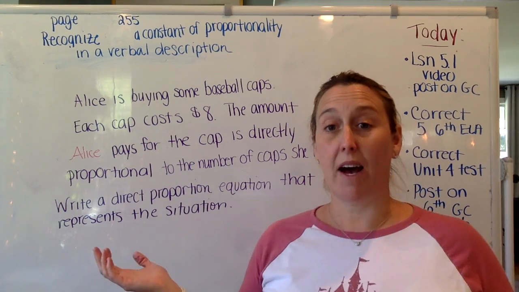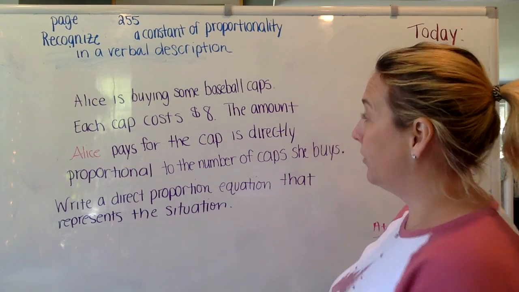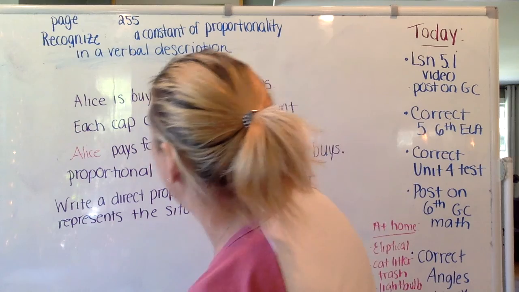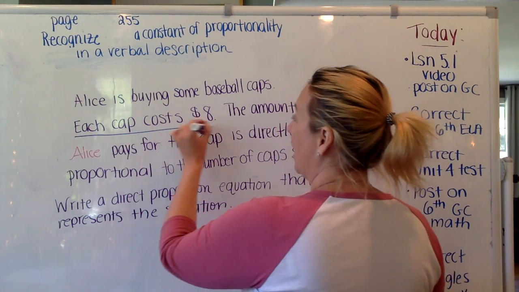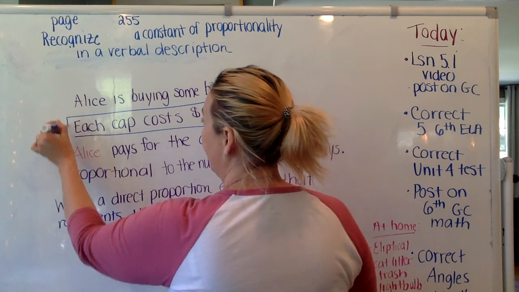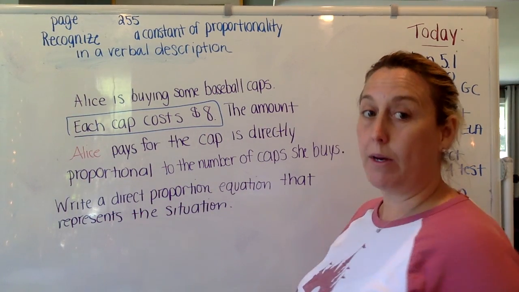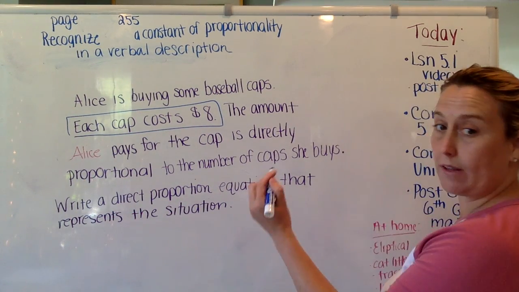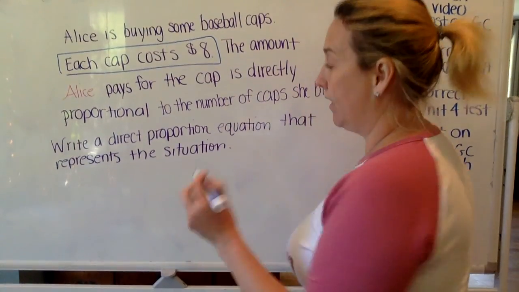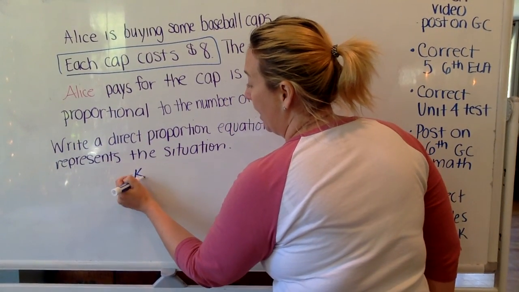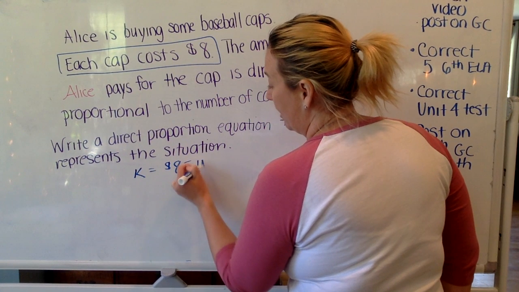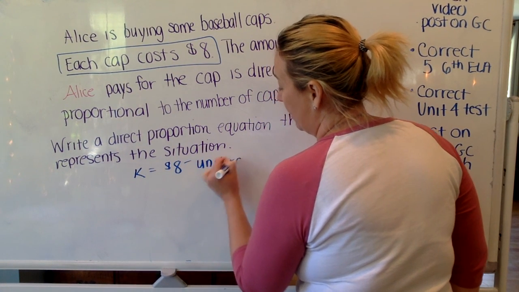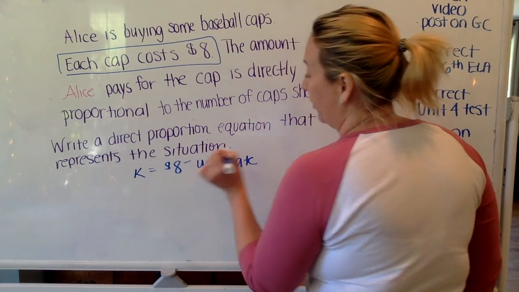All right, we're back, and hopefully you picked up on the fact that Alice is buying some baseball caps, and each cap costs $8. Right there, I have my constant. My K is $8 because that is my unit rate. We've learned that language before.